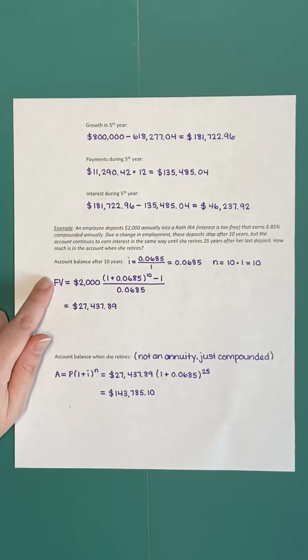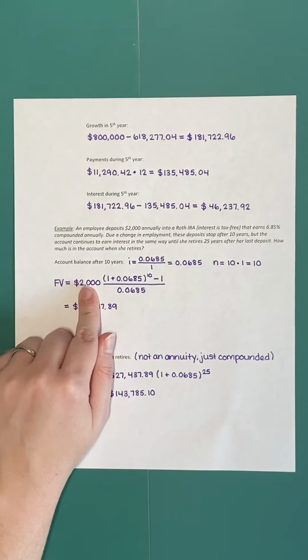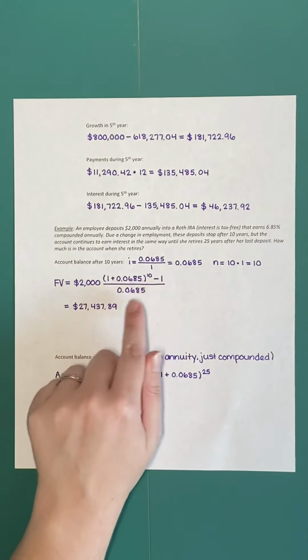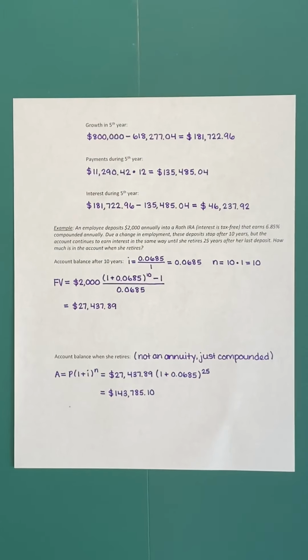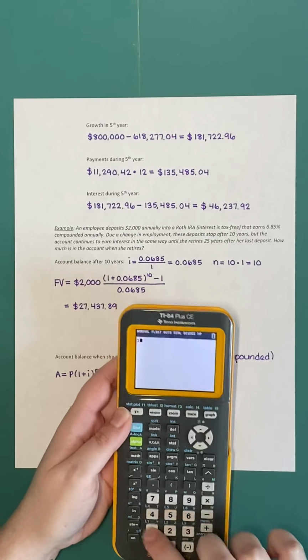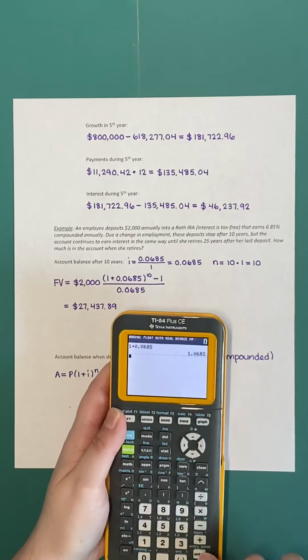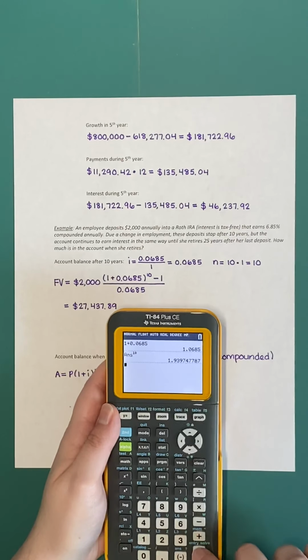So the value of this annuity, her payments plus the interest she earns, is going to be the payment of $2,000 times (1 plus our rate per period, raised to the 10th power, minus 1), divided again by that same number. So let's see what that one is going to be. Start in parentheses, 1 plus 0.0685. Now we're raising that to the 10th power.